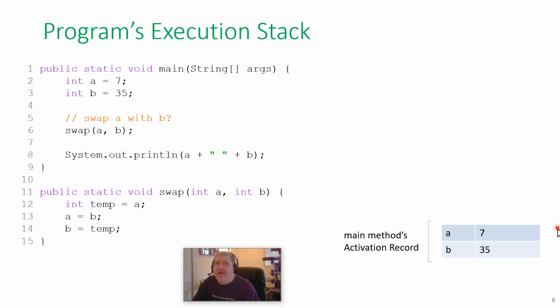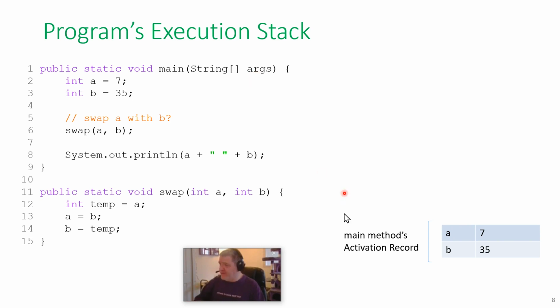Think of it as a bunch of memory that's locked in, that's reserved to be used by the main. So we're going to call that the activation record for the main method. So I call the main, I enter the main method, I start execution, automatically this activation record is reserved on the stack. This activation record is big enough actually to hold args, which is a parameter of the main method.